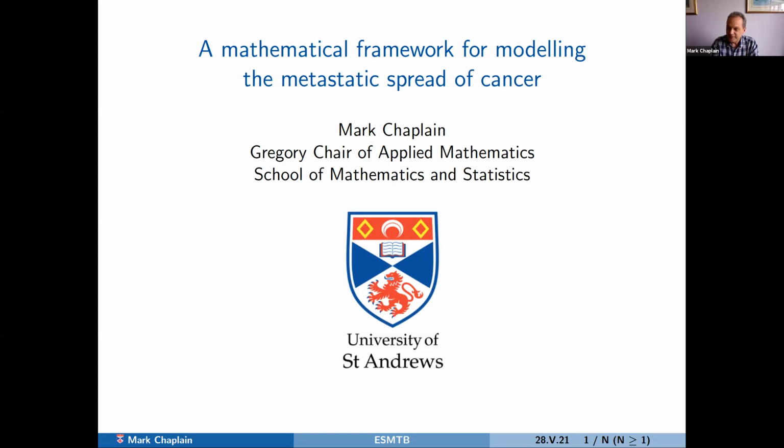I was interested in it for a long time, but never found the time to look at it, because metastatic spread is a very important aspect of cancer growth, and as we'll see, it's the thing that really causes most deaths. A few years ago, I had a PhD student who was jointly supervised by Tommaso Lorenzi. I think Tommaso is there with us today as well. She wanted to look at metastatic spread, so we initiated this project with her.